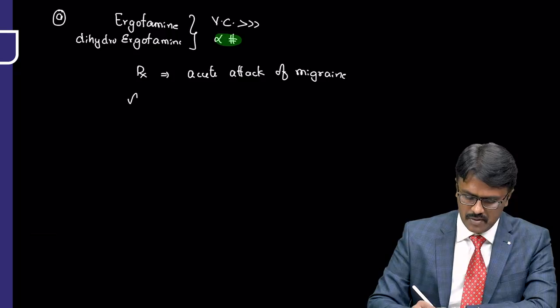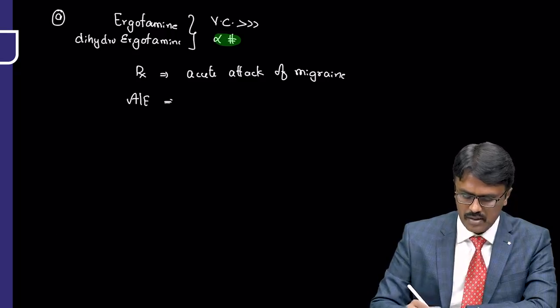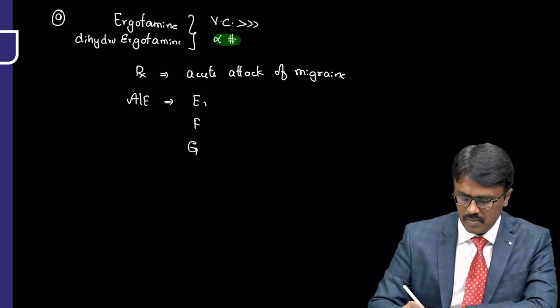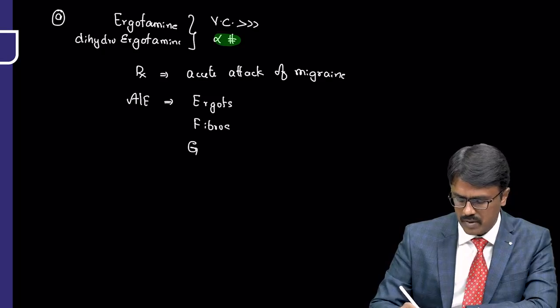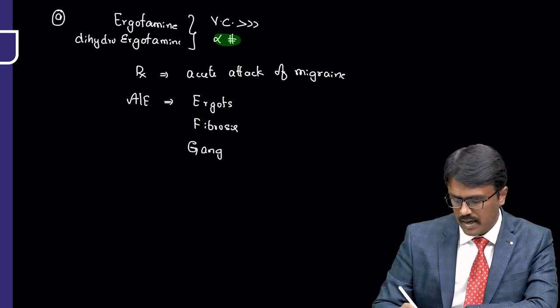Now, what are the adverse effects when you think of ergots? Use the mnemonic EFG: whenever you think of ergot, F is for fibrosis. They can produce fibrosis, and because they are vasoconstrictors, they can cause gangrene.